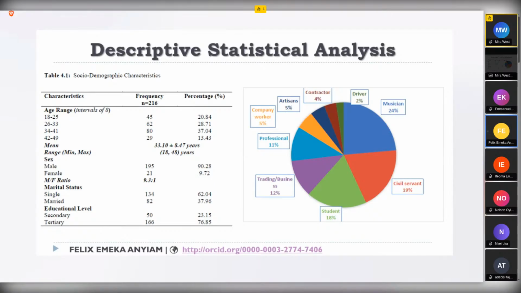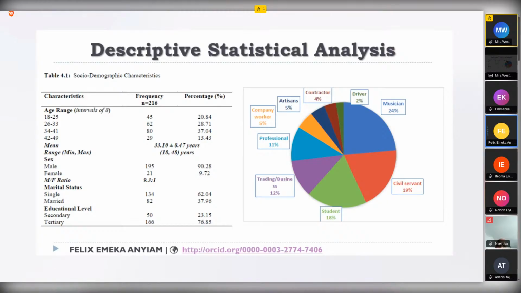It's titled Social Demographic Characteristics. You see the age range, the mean age, the range of the continuous variable, the sex, male-female ratio, marital status, educational level. So you can see that I am describing the data, all right?